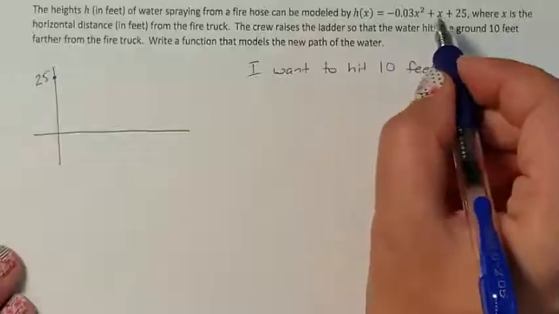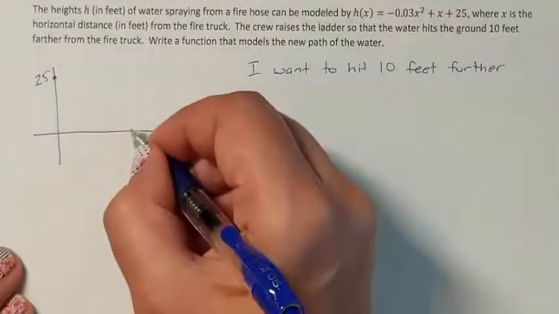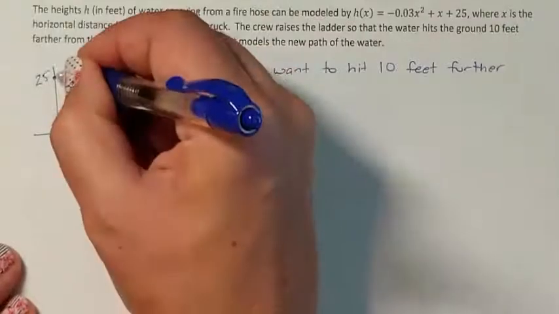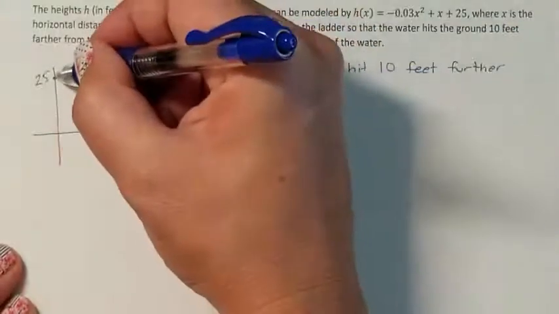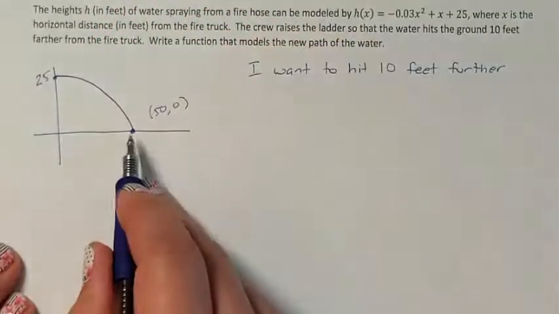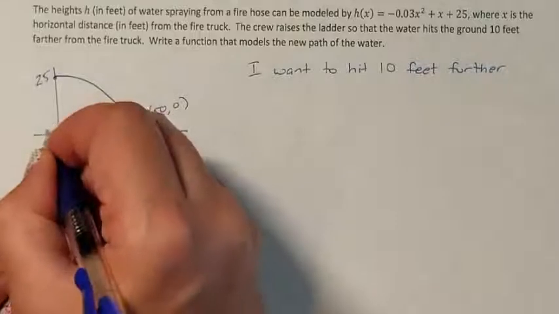So using Desmos, I saw that it crossed the axis right here at the coordinate point 50, 0. So the fire truck is up here, it squirts water, and the water comes down and hits right here, 50 feet away from the truck.